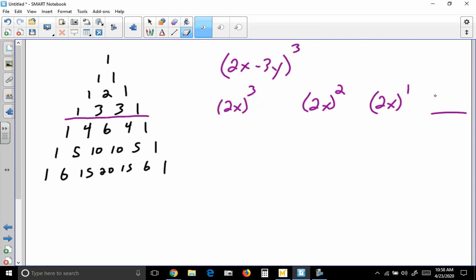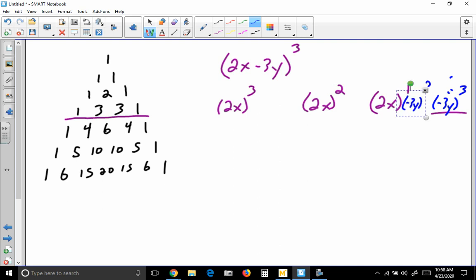We're going to have the second term 3 times down here, twice here, once here, and none here. So 3, 2, 1, 0 for the 2x's, 3, 2, 1, 0 for the 3y's.